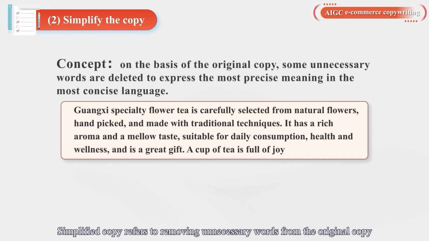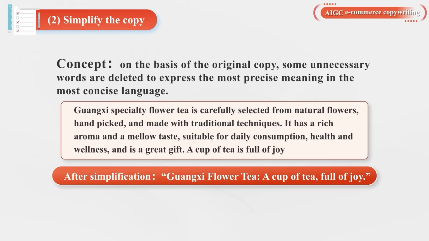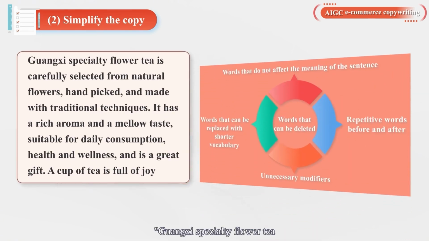Simplified copy refers to removing unnecessary words from the original copy, allowing the copy to express the most precise meaning in the most concise language, such as the original title: Guangxi Specialty Flower Tea, carefully selected natural flowers, hand-picked, traditional craftsmanship, rich aroma, mellow taste, suitable for daily consumption, health and wellness, a great gift, a cup of tea, full of joy.